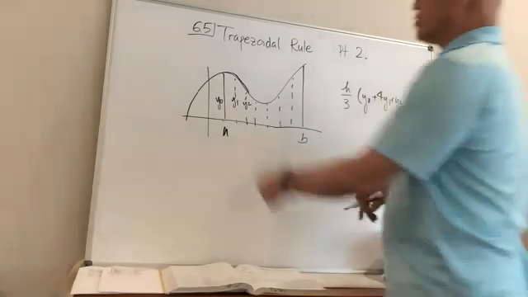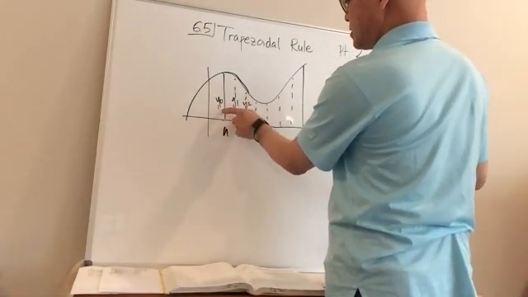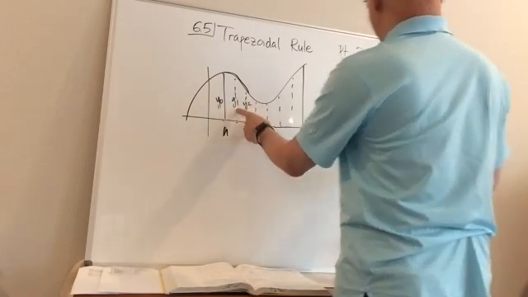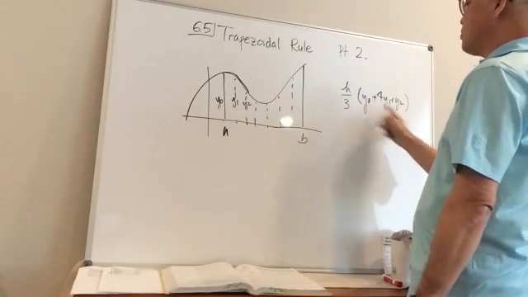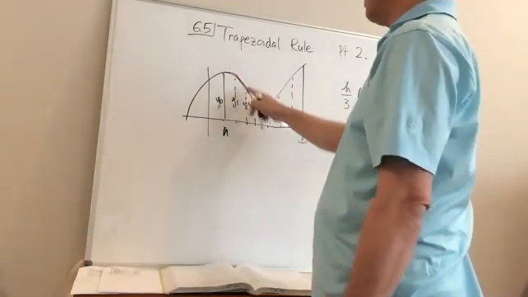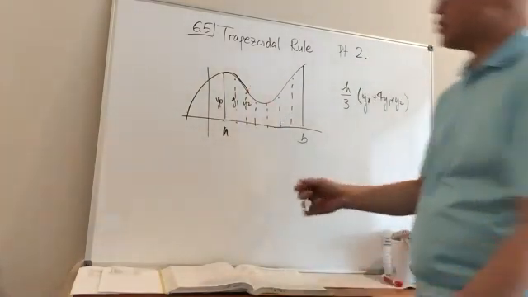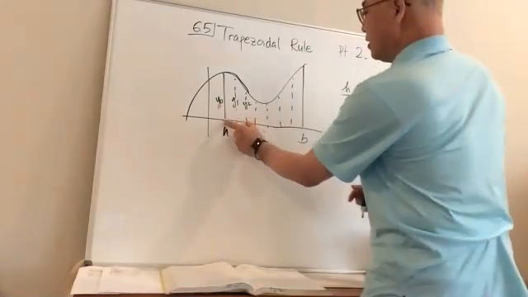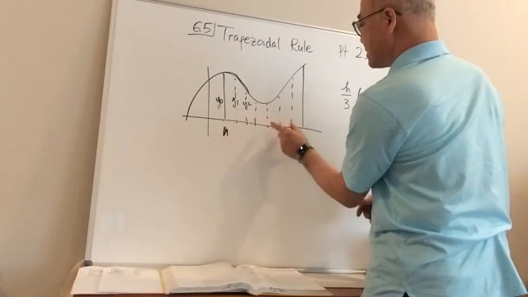So you add the two edges, multiply the one in the middle by 4, and then divide that by 3, and you've got the area underneath this part of the parabola. So you're going to have two strips at a time.